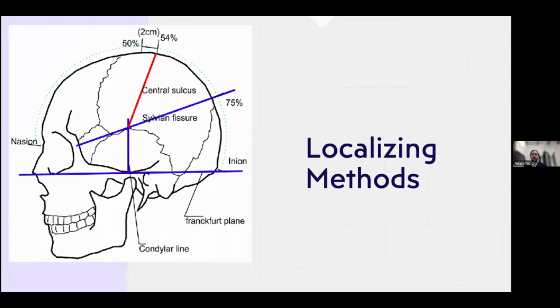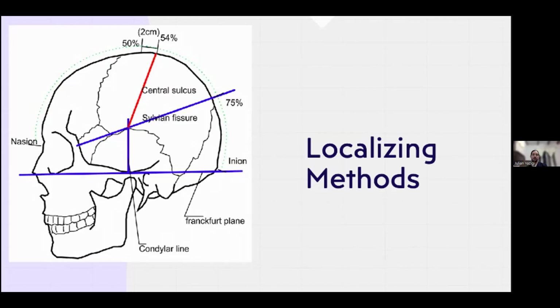So classic surface marking systems provide a reproducible method of translating scalp anatomy into the underlying cortical, ventricular, and vascular relationships, which allows us safe surgical planning, even in the absence of advanced image guidance, right? The process begins with establishing a reliable cranial coordinate framework, and this is anchored by the nasion-inion line, which I would have mentioned earlier.